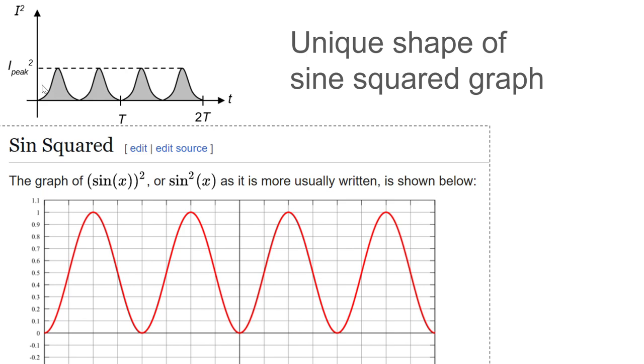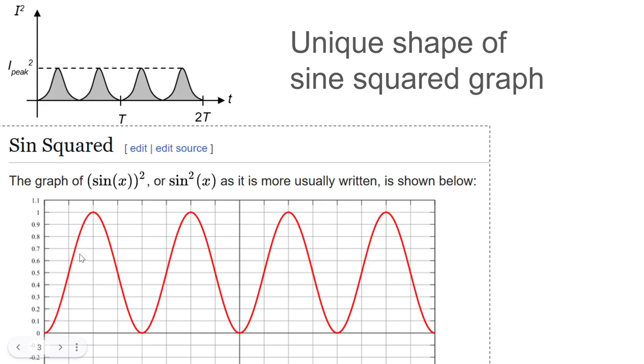I want to flatten the whole thing so that it's one horizontal line, and I want to find the value of that line on the y-axis. So instead of mountains and valleys, I want a flat ground for the car to run through, something like that. So here you need to have a good understanding of the mathematics of a sine square graph. The sine square graph. I'm not going to use this version because this version the shape is not so nice.